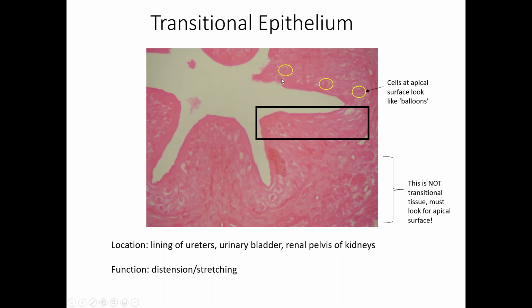And so you've got those nice round little balloons. These line your urinary tract, your ureters, your bladder, the renal pelvis of your kidneys. It's really good for stretching, so these little balloons will just kind of stretch out flat when your bladder's full, and then when your bladder's empty, they kind of shrink back up and they look like these little balloons again.